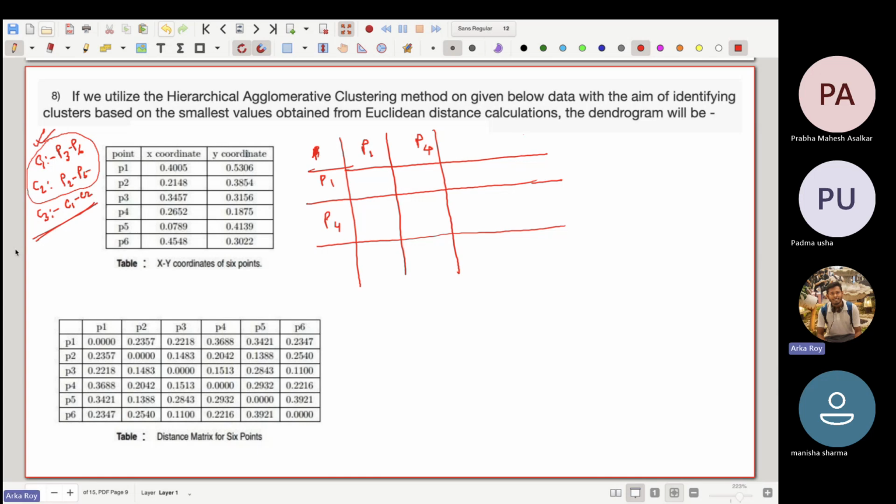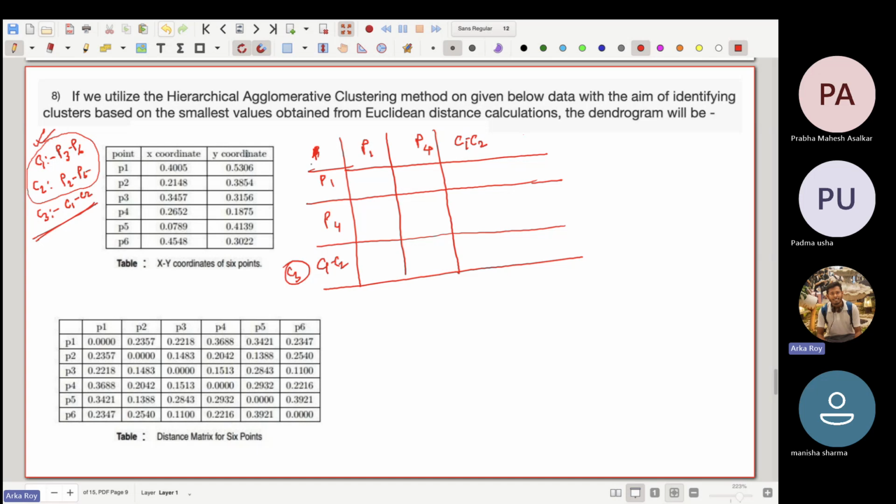So that means there is no point of writing C1 and C2 individually, because after iteration 3, you have clubbed them together. So you will write C1, C2 together. So C1, C2, or directly you can write C3 also. Whichever nomenclature you want to write, you can write.